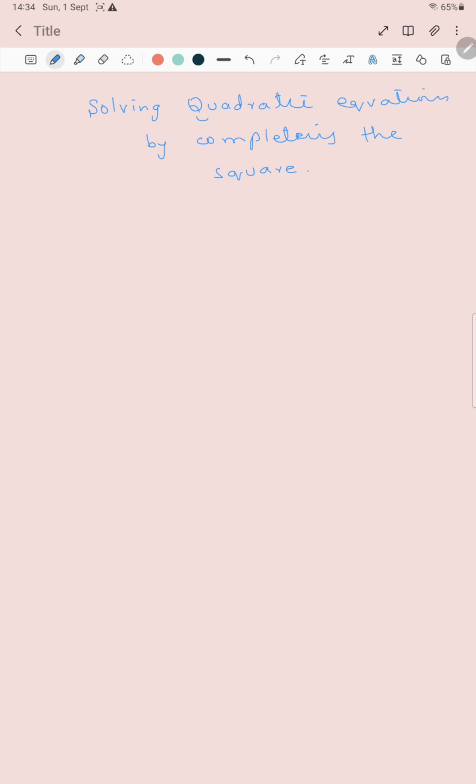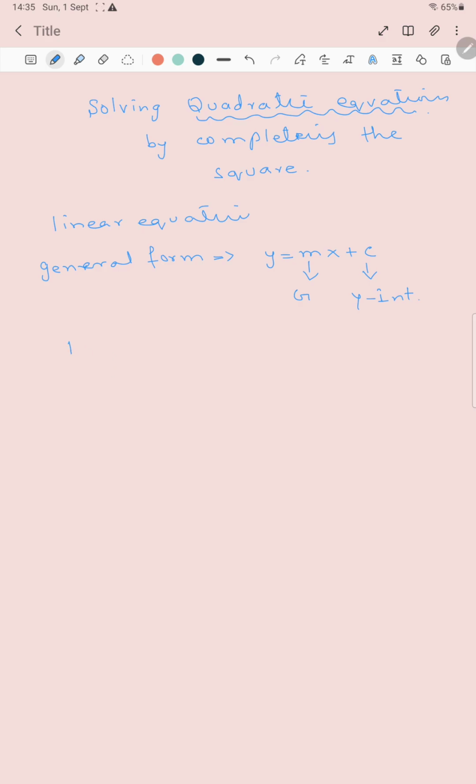First, the question is, what is a quadratic equation? If you remember the linear equation, the general form of the linear equation is y is equal to mx plus c. M is the gradient and c is the y-intercept.